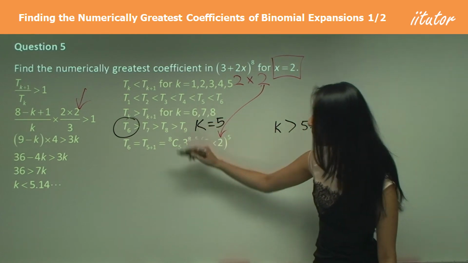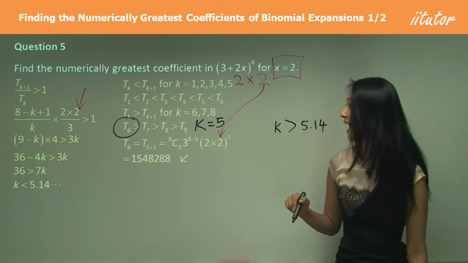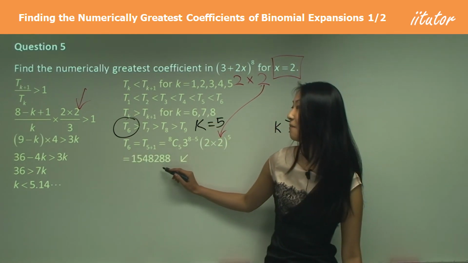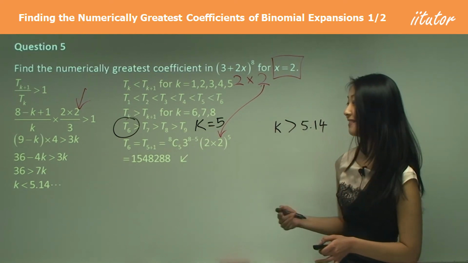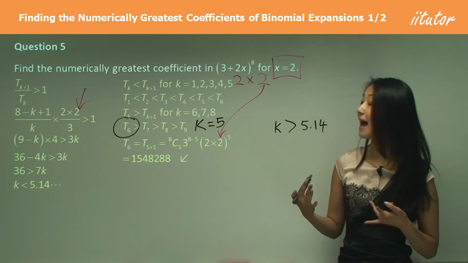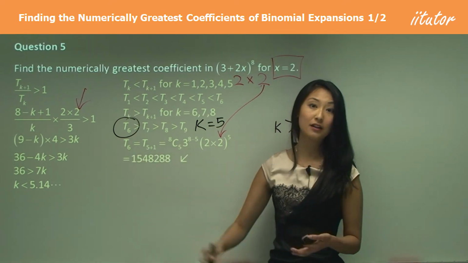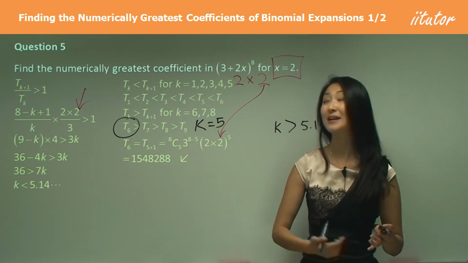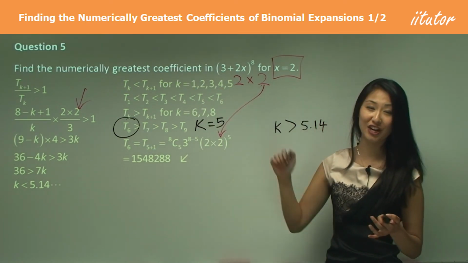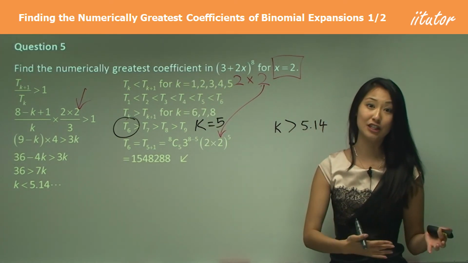Put that into your calculator and you should get this number as your numerically greatest coefficient. It doesn't apply in this case because it's positive, but even if it was a negative number, you still know it's your numerically greatest coefficient, because when it says numerically greatest coefficient, it gives no preference to signs.